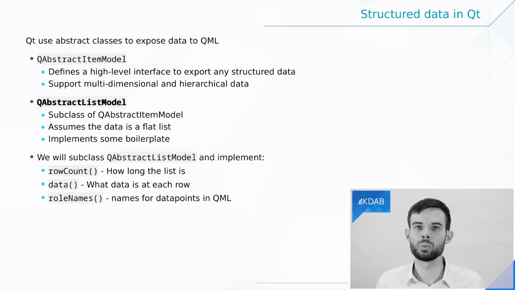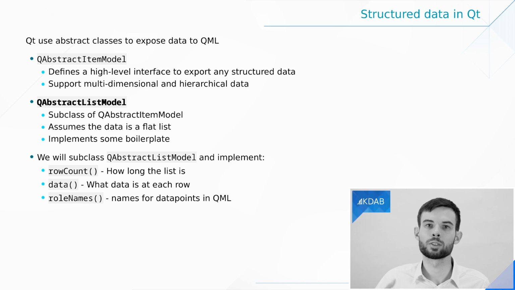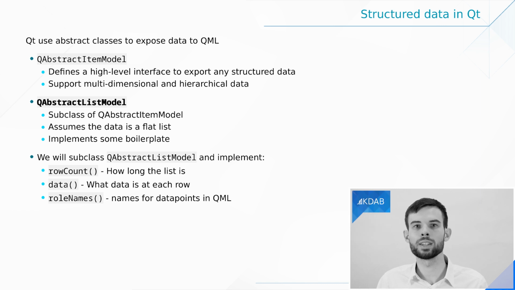In this tutorial, we will use CXX-Qt to define a QAbstractListModel in Rust. The list model, in comparison to the item model, already implements some boilerplate for us, but the same principles apply for the item model as well. These abstract classes define the interface that Qt uses to reason about structured data.